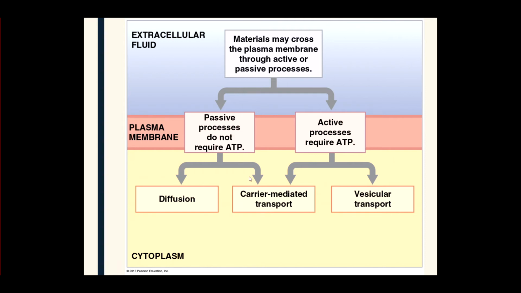Some of them are passive, but you'll see, guys, some are also active, right? So we have a combination of passive and active types of carrier mediated transport, again in a subsequent lesson. And then there's something known as vesicular transport, also in a subsequent lesson, that's also active. All right, so the main thing right now for this slide is that a passive process does not require any energy to be expended, while an active process does.